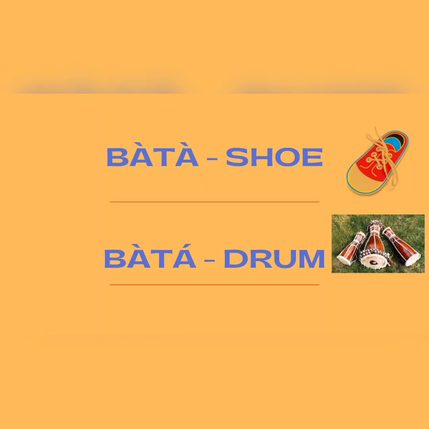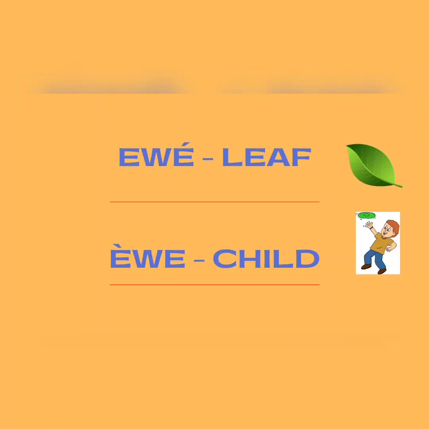The second word has 2 marks. Do, mi, and that is bata. Bata is a kind of drum in Yoruba language. Bata, drum.